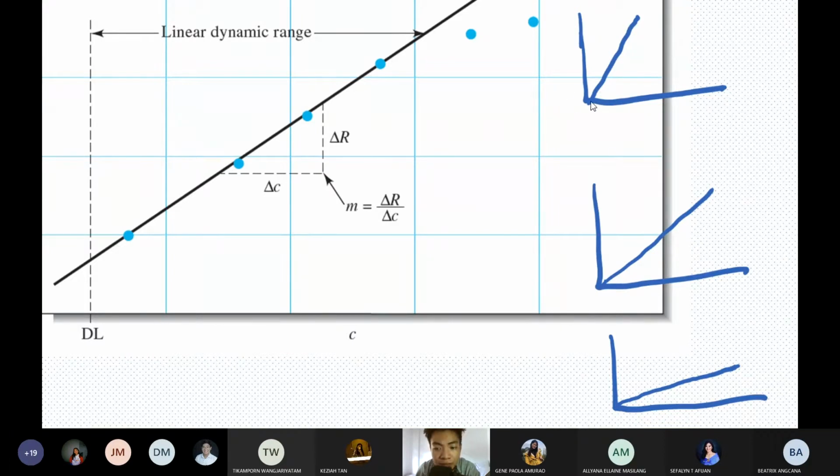The one with the steepest slope is the most sensitive. Why is this the most sensitive? The reason is that with just a few changes in your x-axis, or let's say the concentration axis, there will be a huge change in your y-axis.